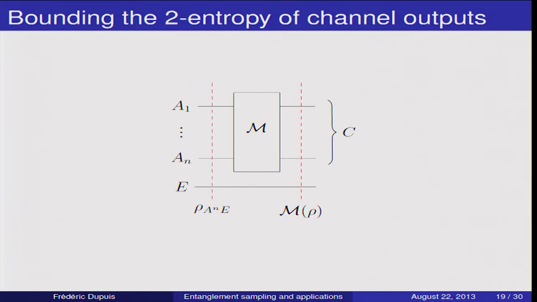So let's say we have some quantum operation that goes from, let's say, n qubits into some output system C, and we have a bound on the two entropy of these guys here, A1 to AN, given E here. And we're interested in getting a lower bound on the output of the channel given this extra system E here, that's not affected by the channel.